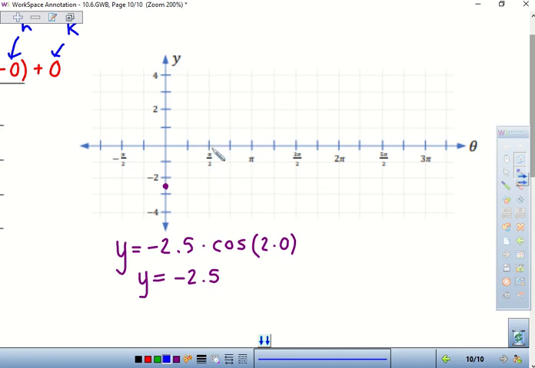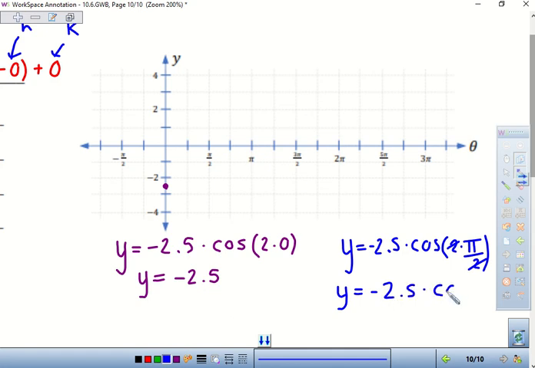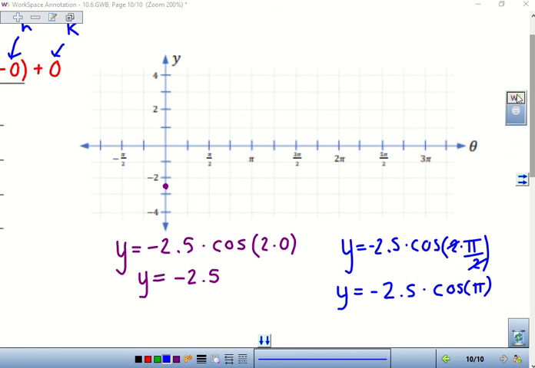Next thing I'm going to do is I'm going to plug in this value here, pi over 2. So I take my function and I replace theta with pi over 2. My 2's cancel, and that leaves me with cosine of pi. Can anybody tell me what cosine of pi is? I think it's 1, isn't it?